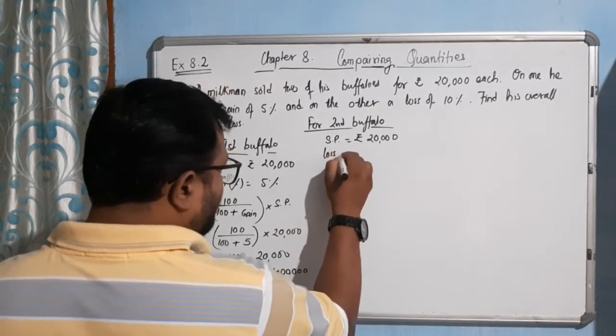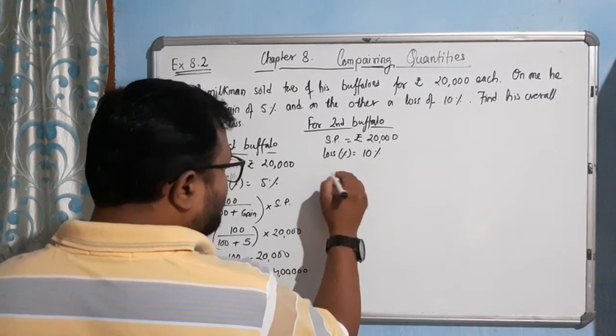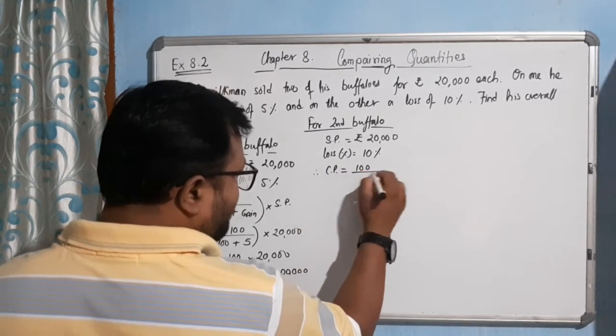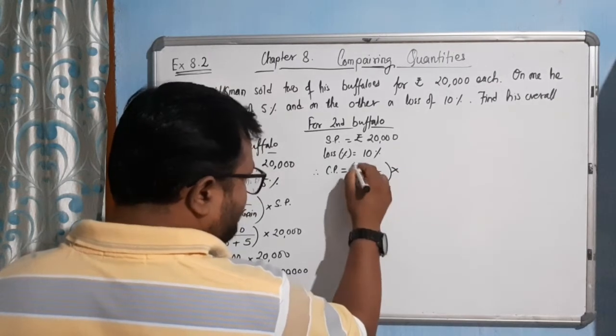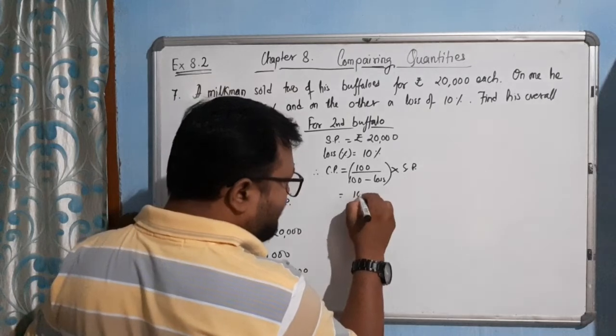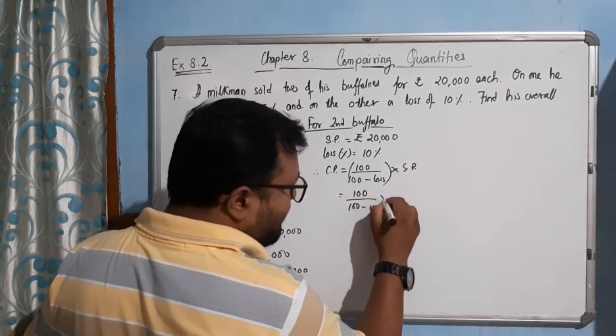This time loss percent is 10% loss. Therefore cost price equals 100 by 100 minus loss into selling price. So here we will write 100 by 100 minus 10 into 20,000.